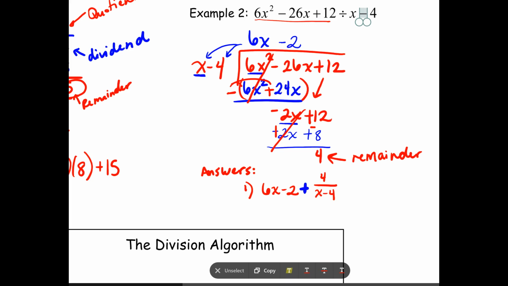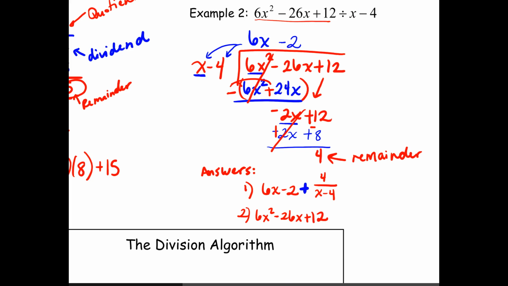Now mathematically, what you need to see, and this is why I would ask you to write it in the second way, the second way would be seeing that 6x squared minus 26x plus 12 is equivalent to x minus 4 times quantity 6x minus 2 plus your remainder, plus 4.